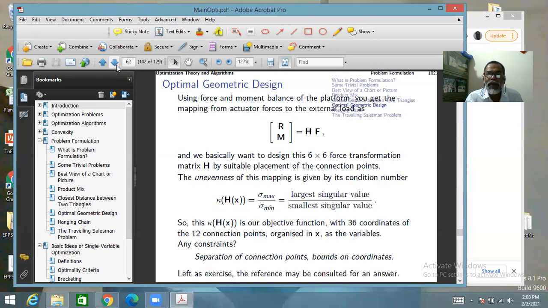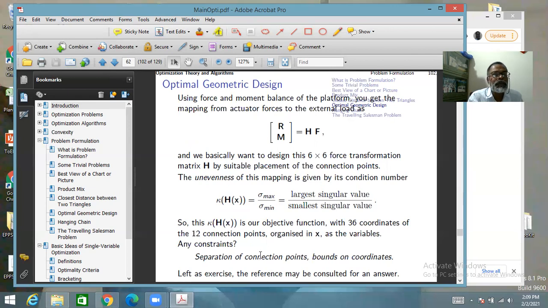So then you will say with these 36 variables, with this definition of h, doing the vector products and assembly, then by writing a function to evaluate this condition number, you will say minimize this subject to constraints which you work out from here.